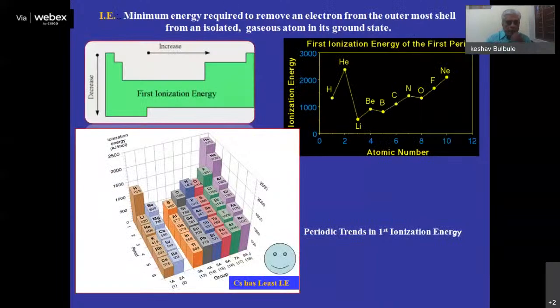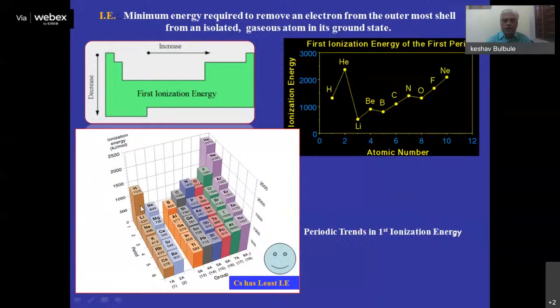Then we have three fundamental properties we have got to study, not only for D block elements, but for any element that you study in the periodic table. And one such property is called ionization energy or ionization potential. You have been taught in lower classes also the minimum energy required to remove an electron from outermost shell from an isolated gaseous atom in its ground state is called ionization energy.